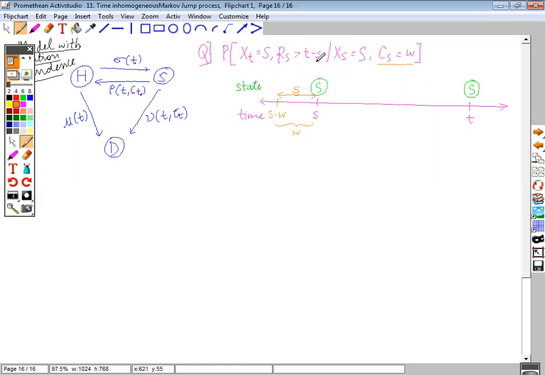Okay, first of all, what is the difference between CS and RS? CS is my current holding time. It shows something about what I have been doing up until today. And when I have RS, it means the residual holding time. What's going to happen next? So when I'm talking about this RS being greater than T minus S, what do you think I might mean?